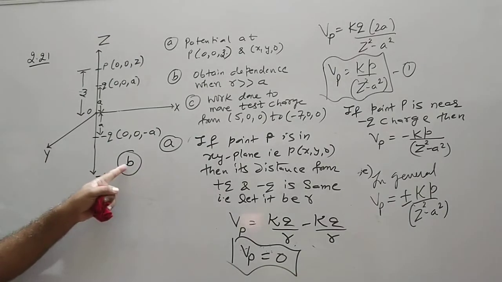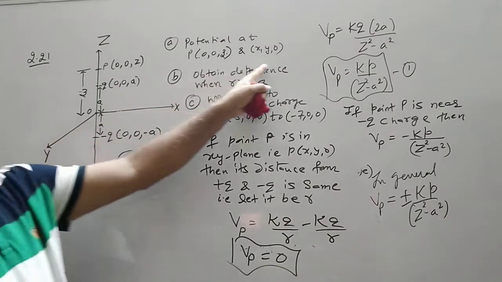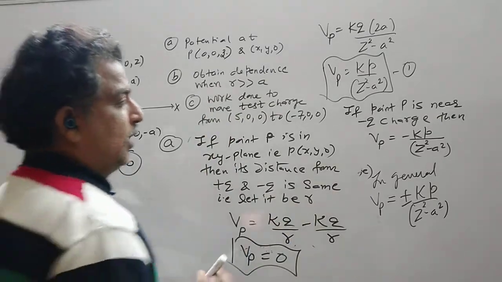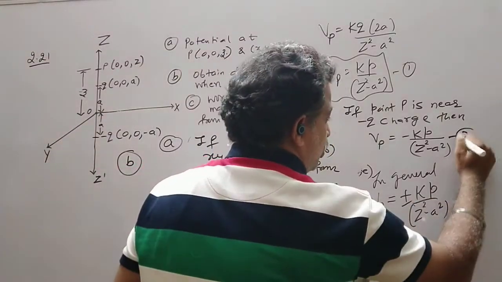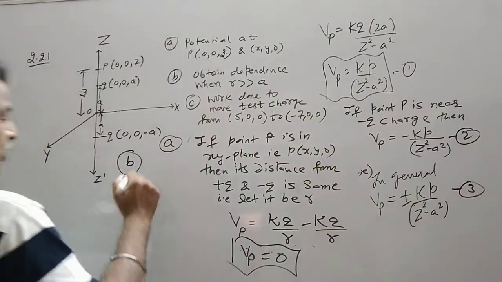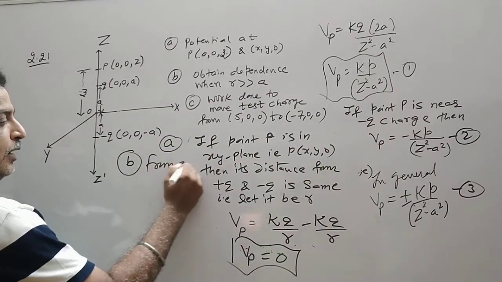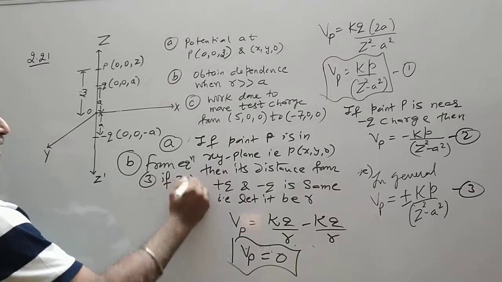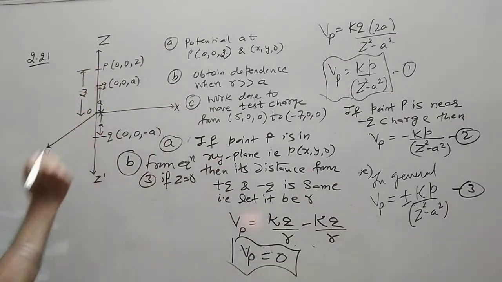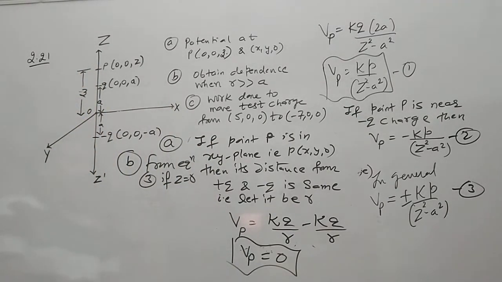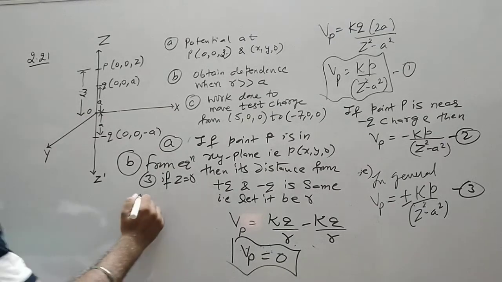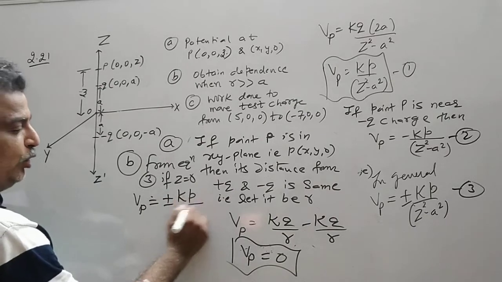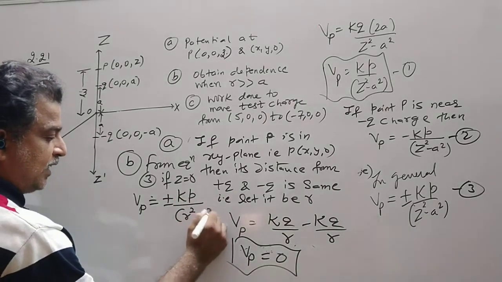Now if I consider the second part, obtain the dependence when r is greater than a. Let us name these equations 1, 2, and 3. From equation 3, if z is taken as r, then Vp is equal to plus minus kp upon r square minus a square.